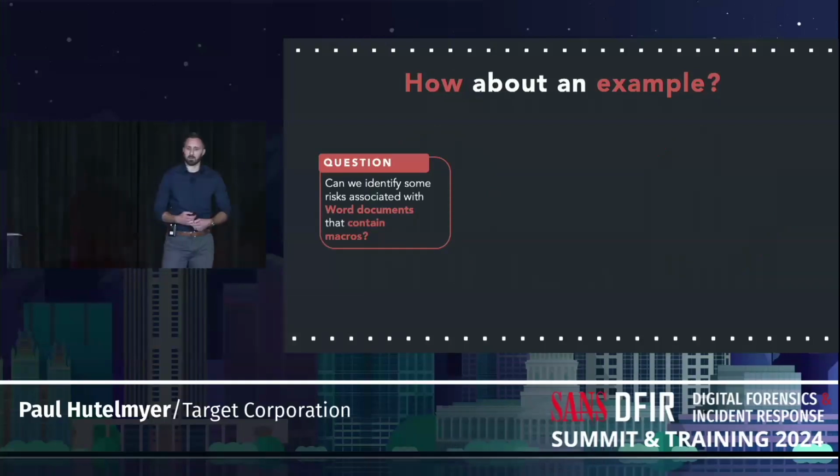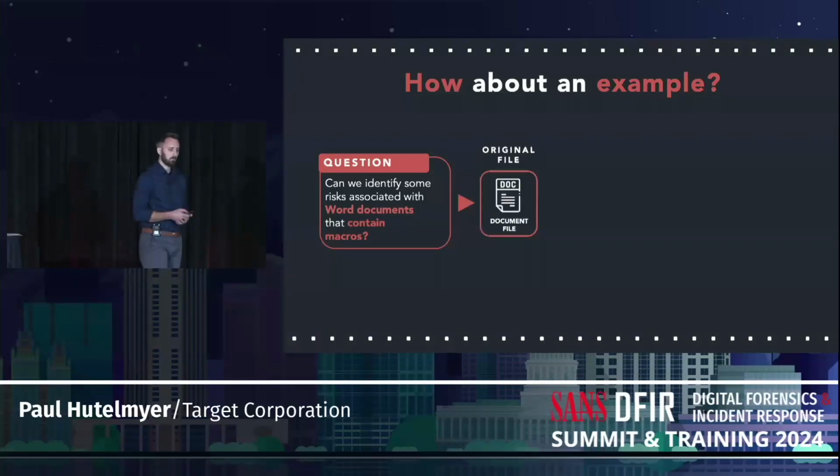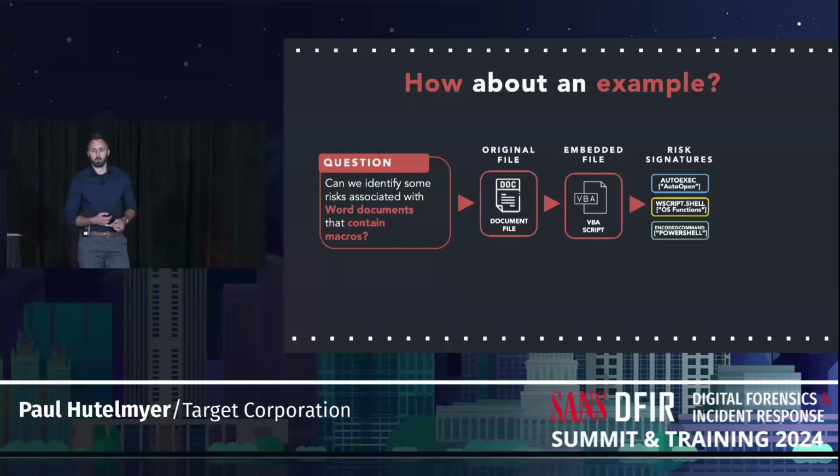So let's take a look at a really quick example of how this could be used. Word documents containing macros. A lot of us are probably familiar with that. If we take the original file, which is just a Word document, and assume there's an embedded file in it, a VBA file, so your macro, we might be able to assume that there might be some risk signatures in there.